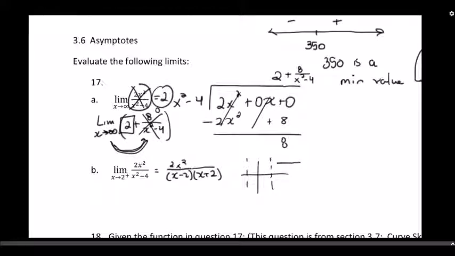Those are your two choices. So we've got to figure out, as x is approaching 2, are the values getting bigger and bigger up to positive infinity, or are the values getting smaller and smaller towards negative infinity? So a good way to tell is just to do a quick table of values.